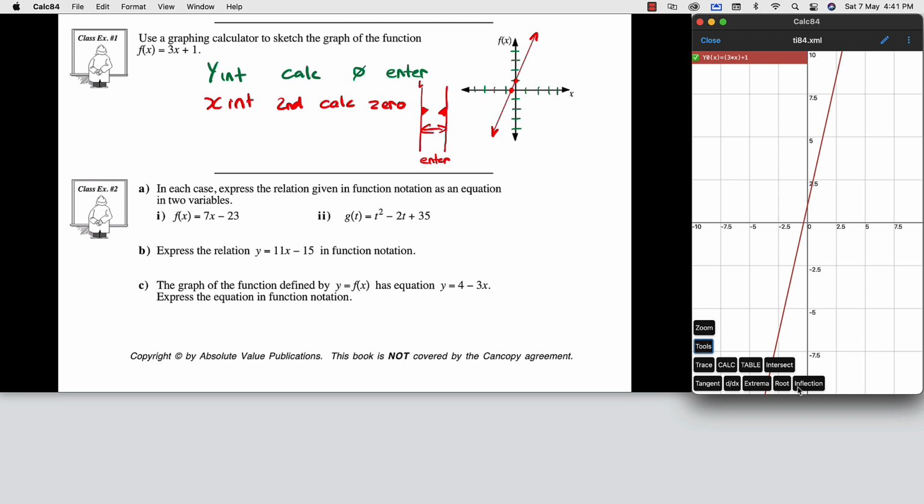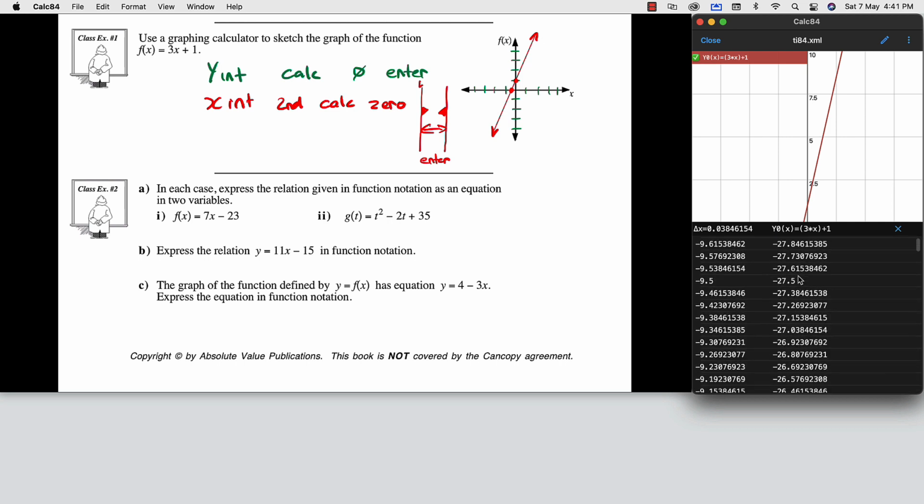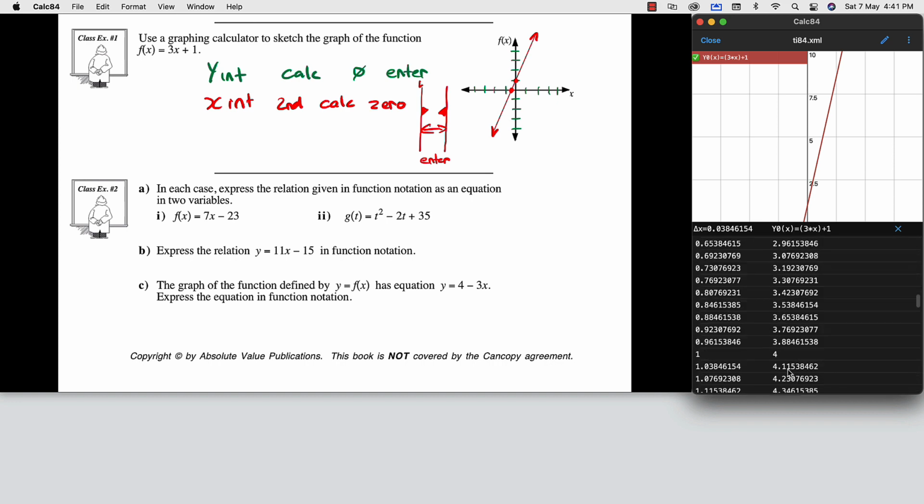Okay. The other thing we can do is look at a table. So you can see here that I've got 2 points that don't have any decimals. So -10 and -29. When I go to the value -9, I've got -9 and -26. And so you can go find these other points that are on there.